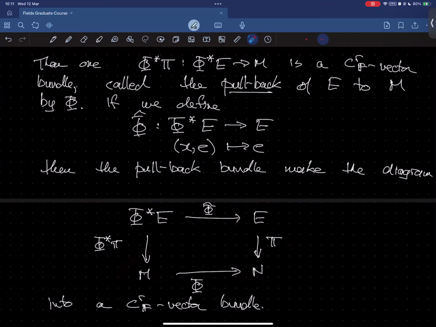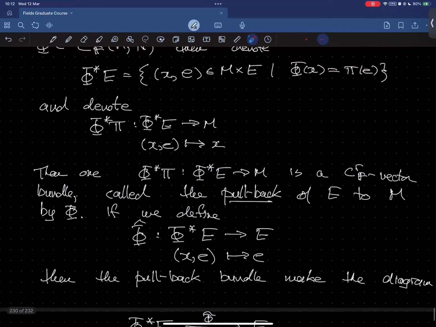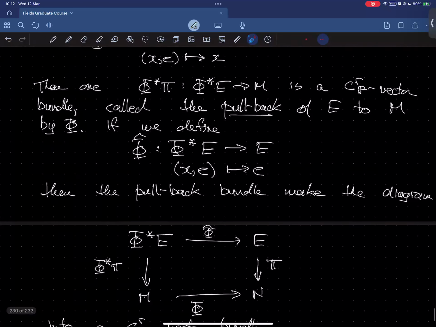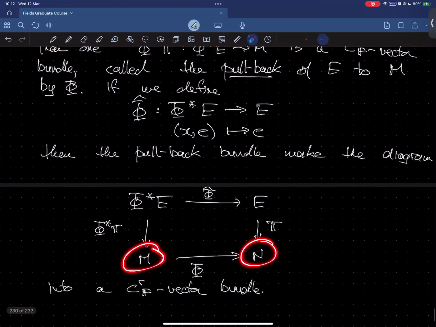From a chart for M and a vector bundle chart for E, you have to fabricate a chart for this thing. And that's where this condition is going to come in, because it connects points in M to points in N. So that allows you to tie together the vector bundle chart here and the chart here.